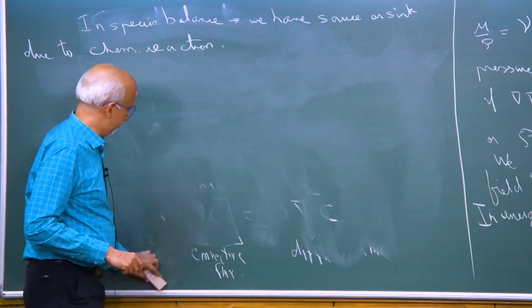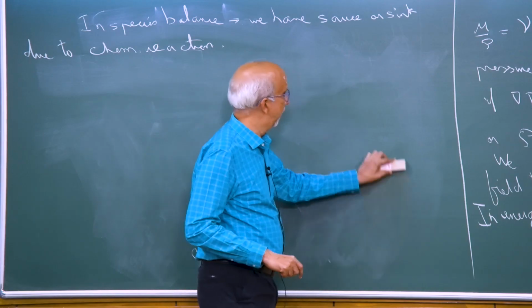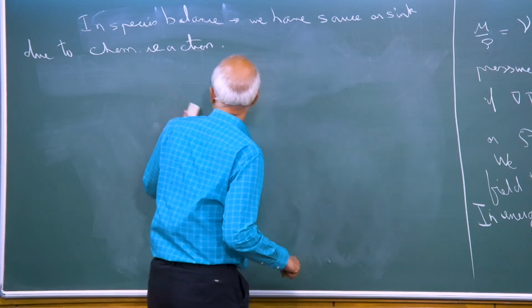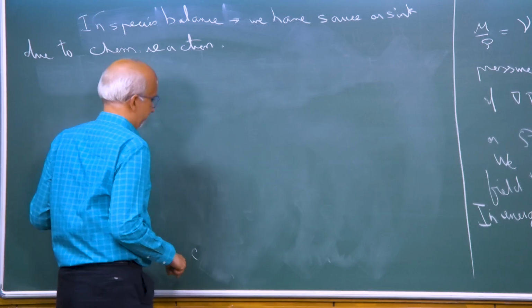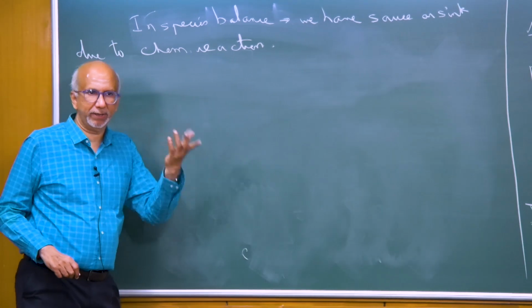I thought what I will do is, rather than talk about deriving all these equations, solve one or two problems. Okay. Then maybe we will come back and derive the equations.